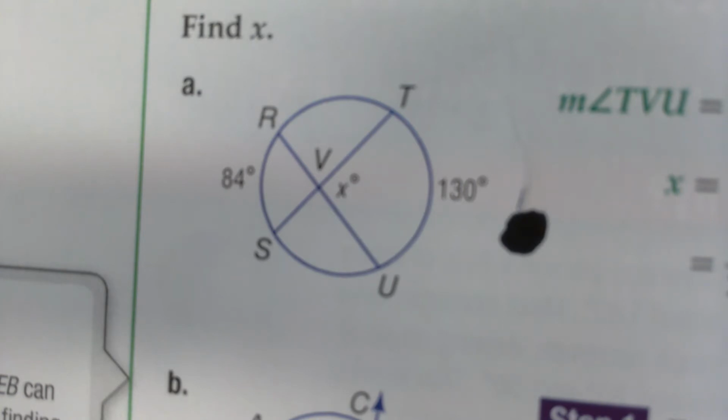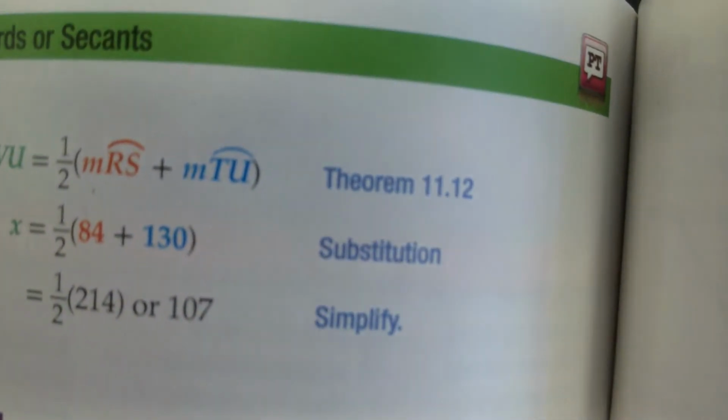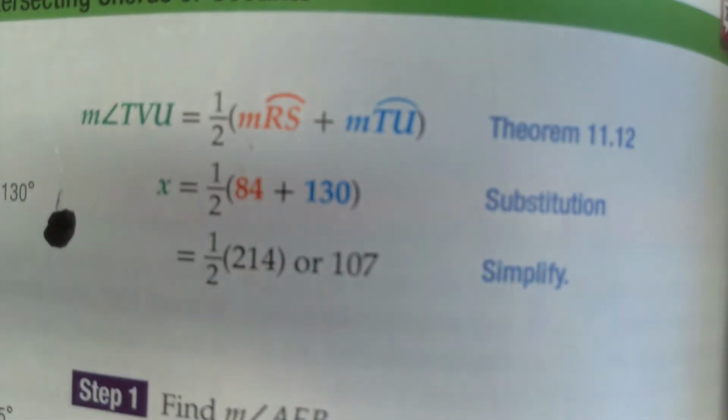So you're going to have 1/2. They actually have a description here. Check it out right there. That's the way you're going to write it. So everyone copy down the work right there too. So it's 1/2 times the arc it makes plus the arc that's opposite of it. So we know the measure of that angle right there, that example is going to be 107 degrees.